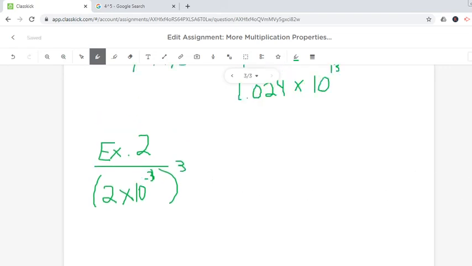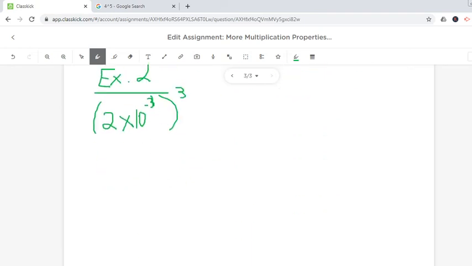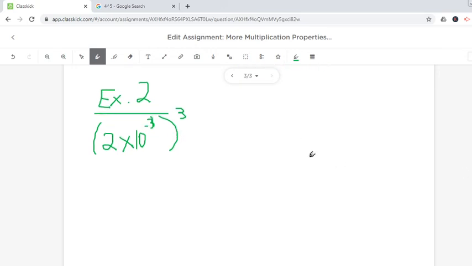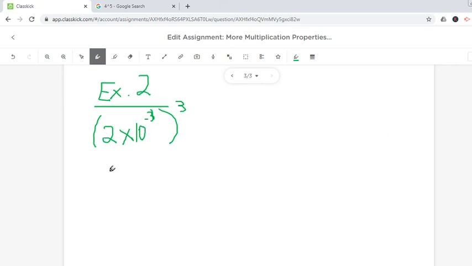Okay, so let's make sure it's right. Yep. Okay. So we have an exponent outside of the parentheses. And we need to multiply by both of these. So that's 2 cubed times 10, and then negative 3 times 3, negative 9.